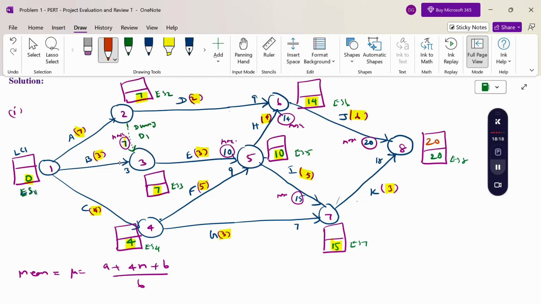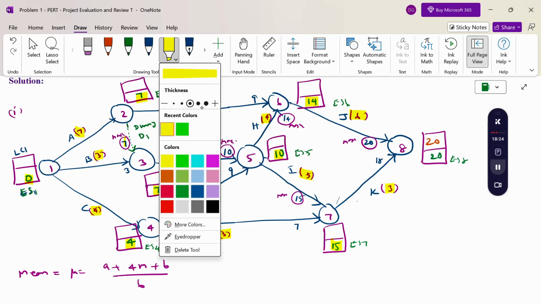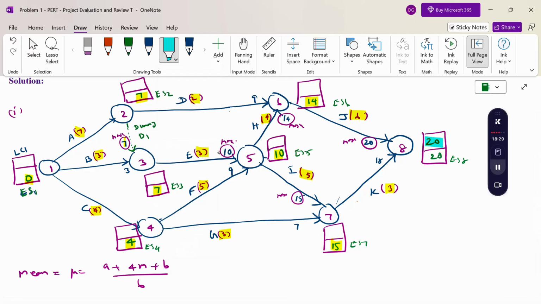From 6 to 8, subtract from 20: 20 minus 6 is 14. And then for the next line, 7 to 8: 20 minus 3, 17.